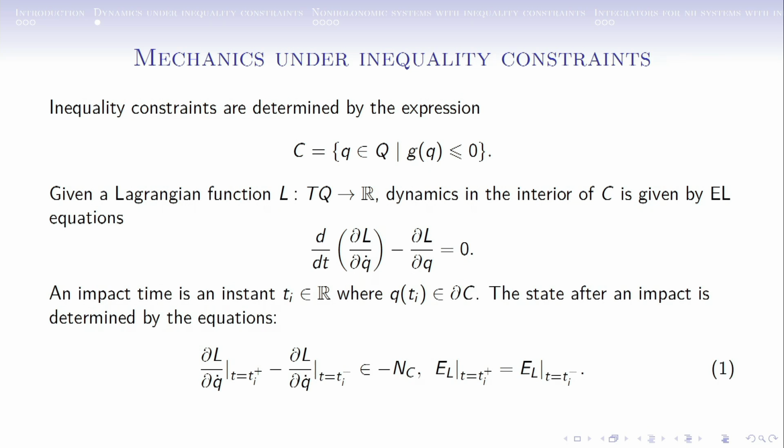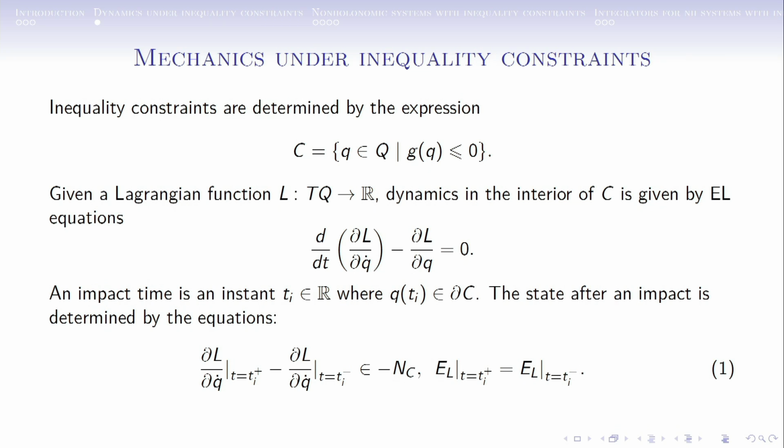But then, when the system hits the boundary of our set, there is an impact, and we must be able to predict where the system will be immediately after the impact. There are several ways to derive these impact conditions.